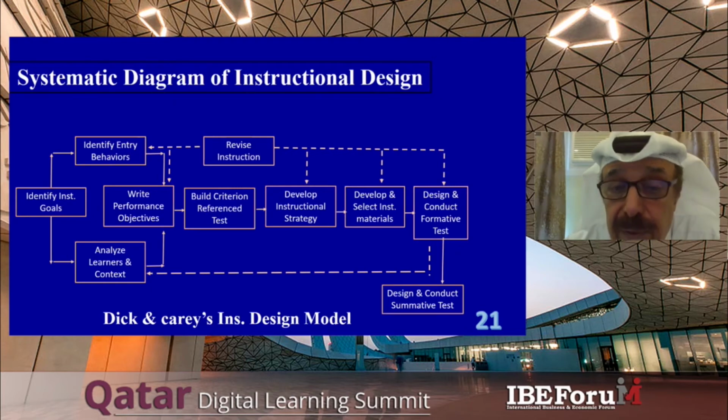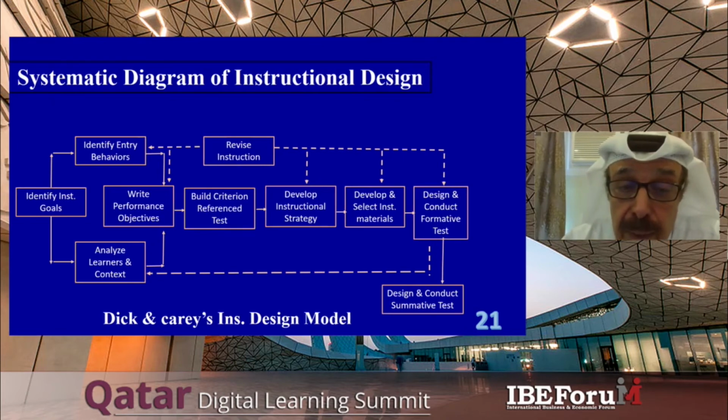Building criterion references. This is really, really important. Criterion references are based on the objectives. So see that systematic here. All these components have a really good relation to each other, based on each other. So this is the systematic way. If they are not related to each other, where is the systematic way? No systematic way unless there is a relationship between them.